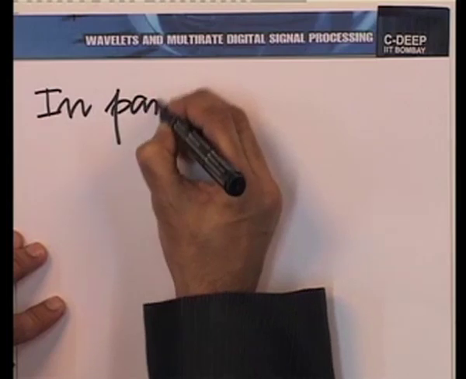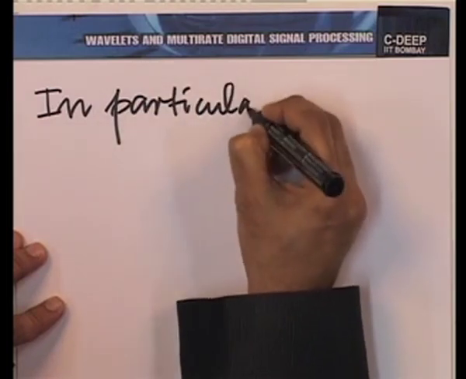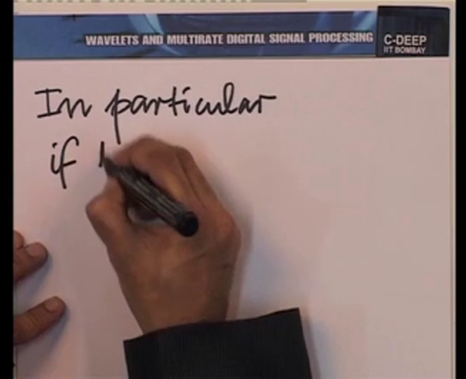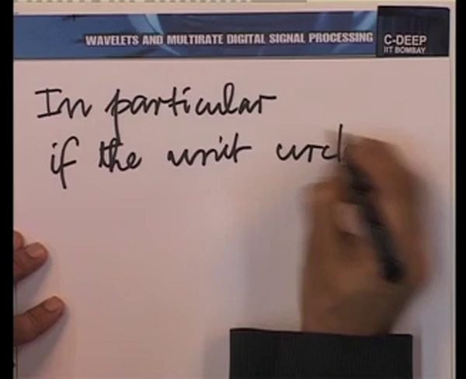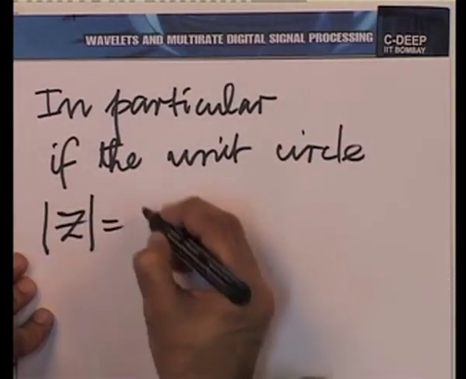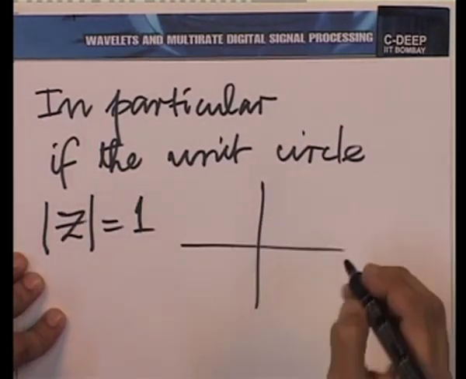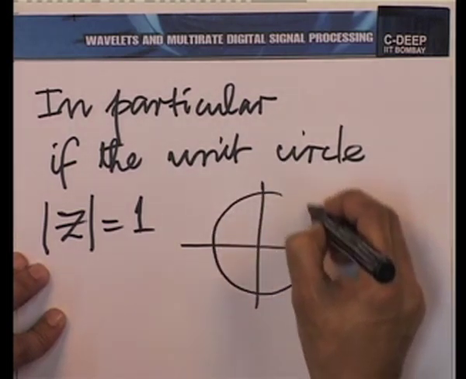Well, all this is essentially to recall a few points about the Z transform, and now coming to the frequency domain. In particular, the unit circle, that is mod z equal to 1, is a circle of radius 1 in the z plane.